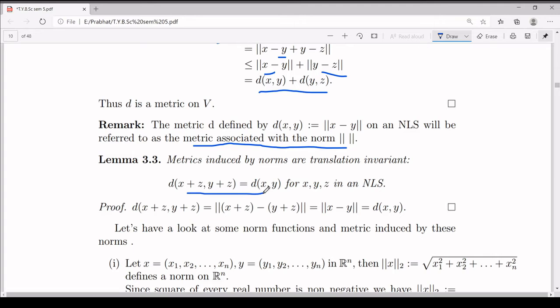So if your metric is induced from a norm, then you can prove that the metric is translation invariant. Let's see the proof. One line proof it is. Distance between x plus z, y plus z is norm of x plus z minus y plus z. Now z and z will get cancelled, and you will get norm of x minus y, which is distance between x and y.